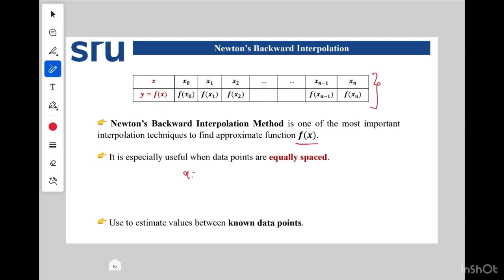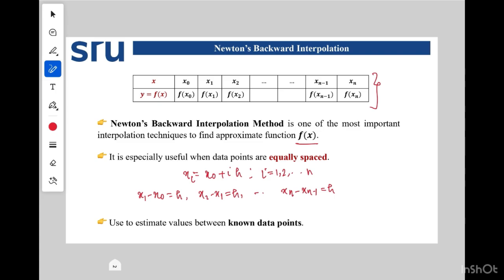In general, xi equals x naught plus ih, where i varies from 1 to n. That is, x1 minus x naught is h, x2 minus x1 is h, and similarly xn minus x(n-1) is also h. So the distance between any two consecutive data points is equal.